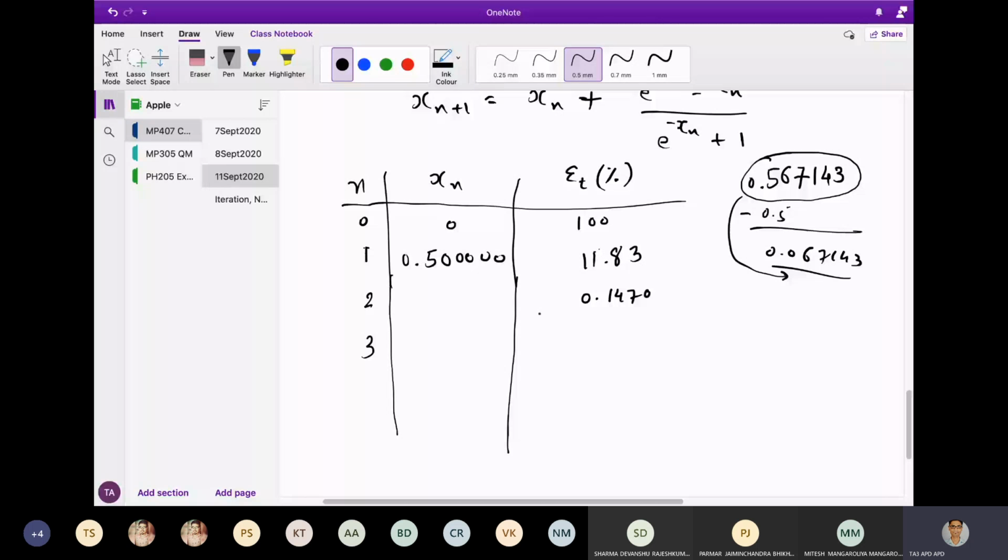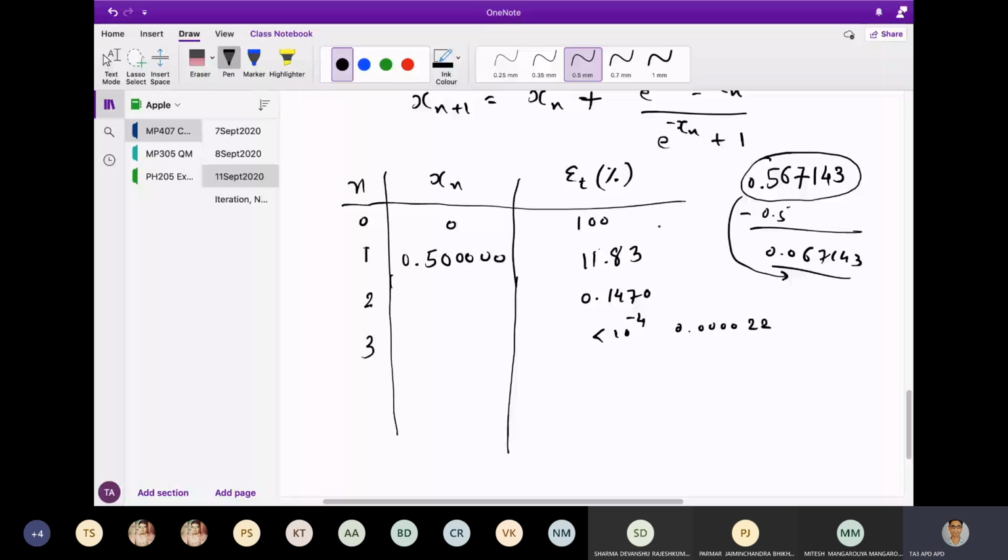This much of error you will be getting. And if you do the third iteration, then the error reduces much less than 10 to the power minus 4. Okay, it is almost 0.0000022. That is what the percentage of error you will be getting in the third iteration only.